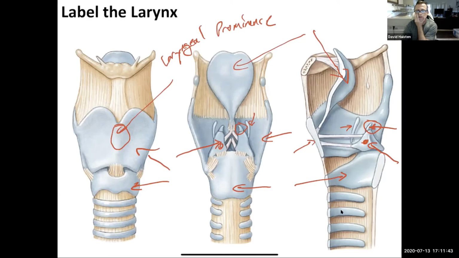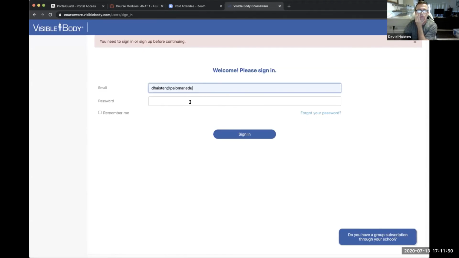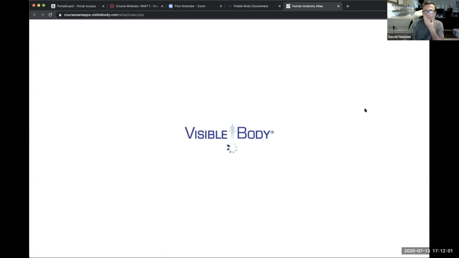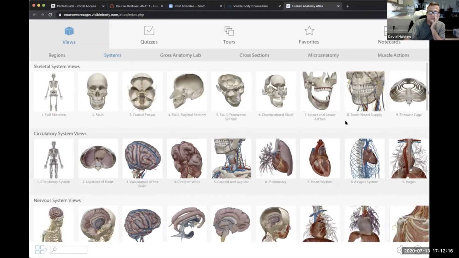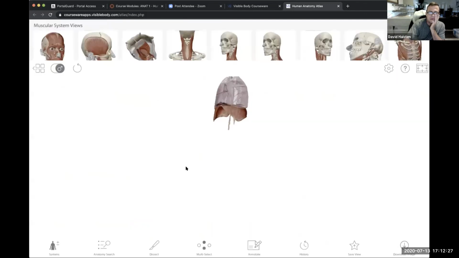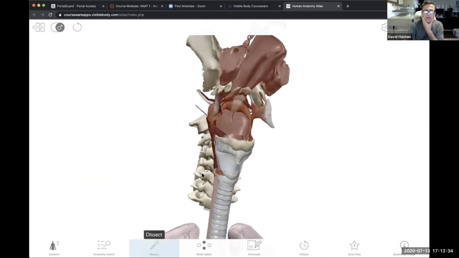Let's check something else out. Okay, so this, you just have to start getting rid of a bunch of structures.